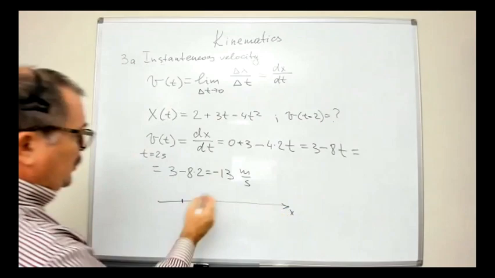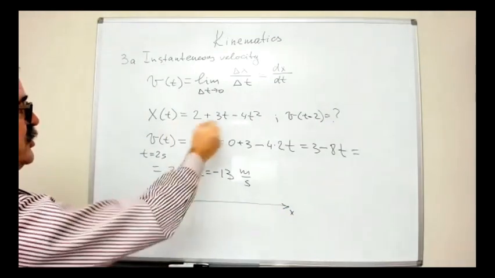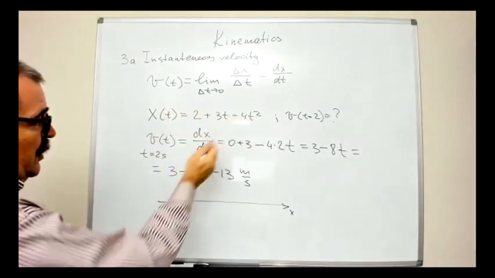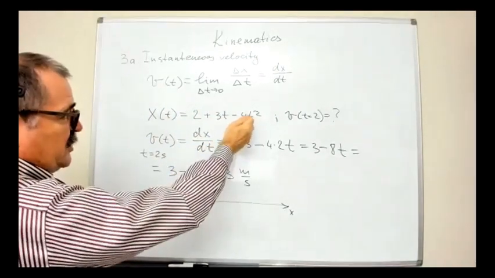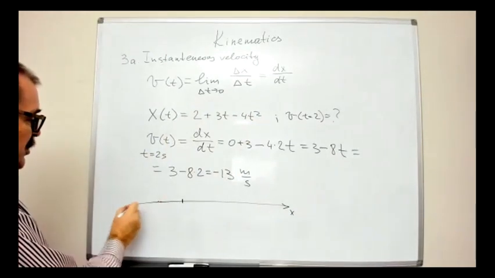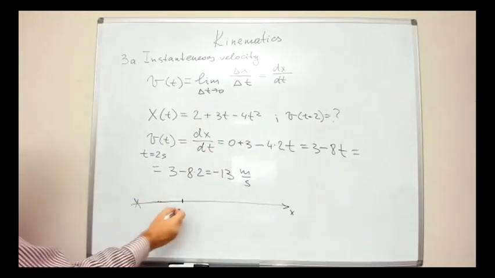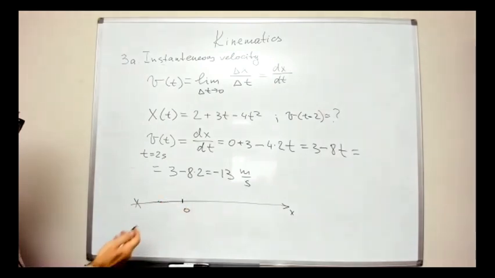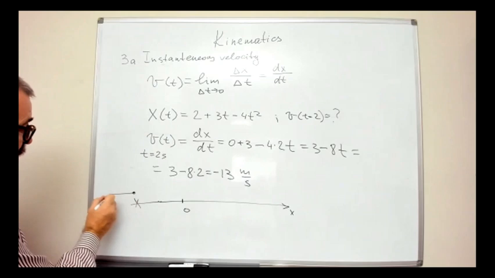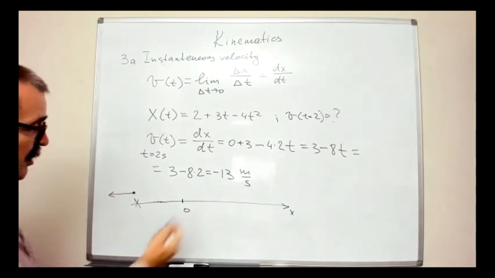So the velocity at some position can also be computed here. What's the position here? At 4 seconds, or at 2 seconds, most likely it's going to be also negative. So that's the position of this object somewhere here, approximately. And the velocity of this object will be directed this way, negative, minus 13.